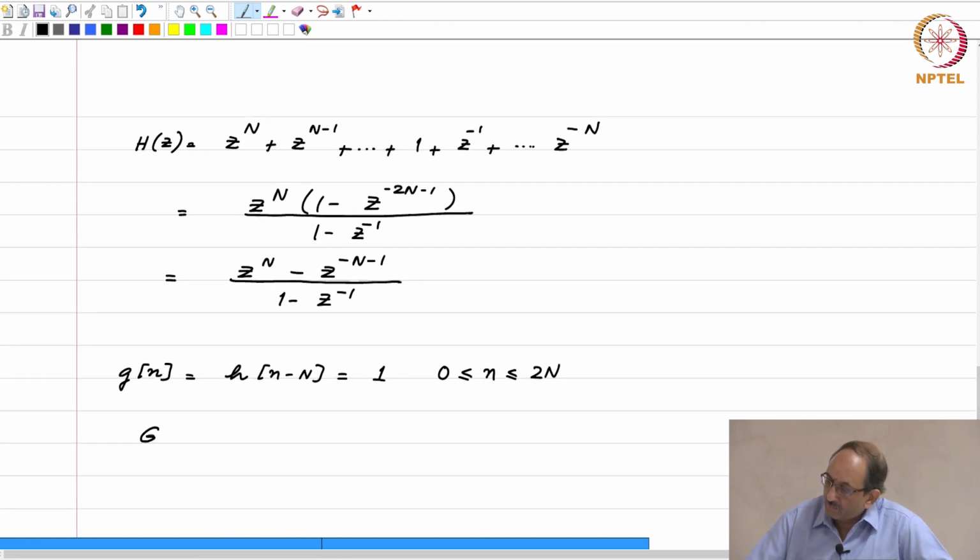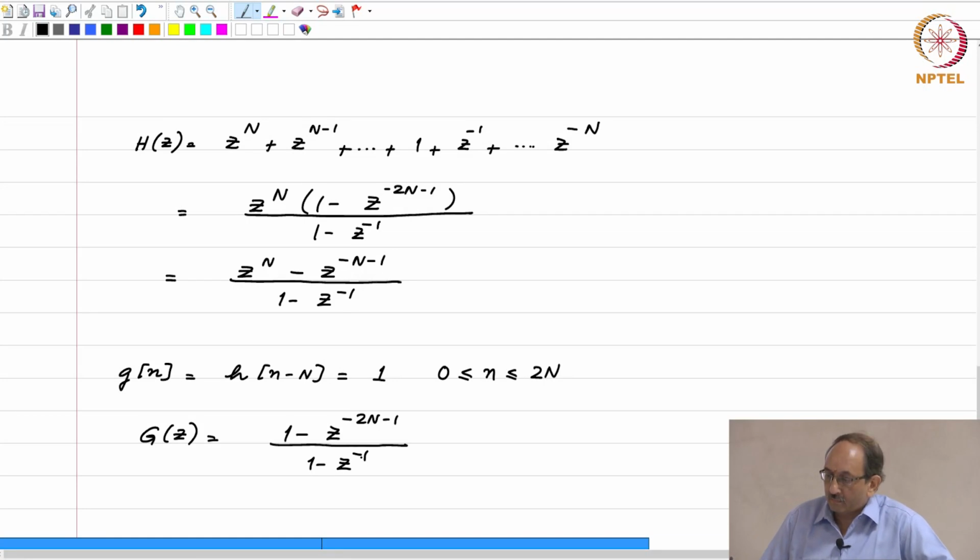And g of z is, all you need to do is multiply the previous transform by z to the minus n. Therefore, this is nothing but this.